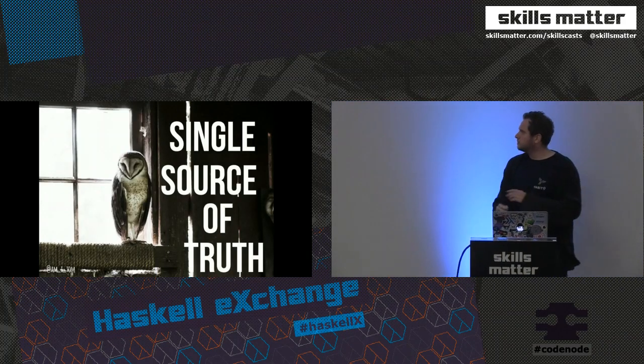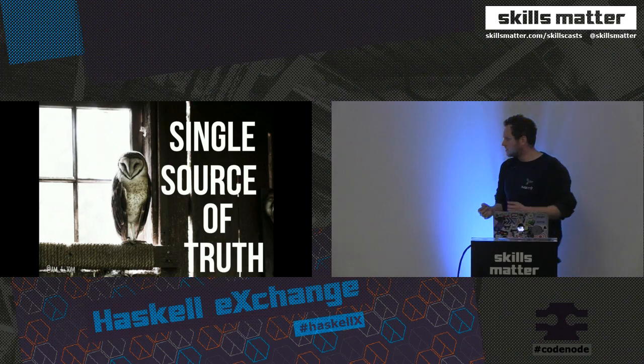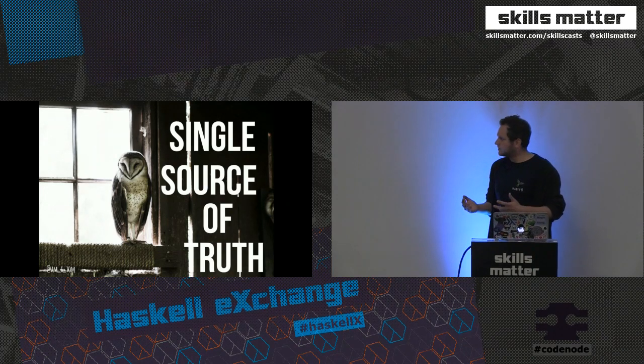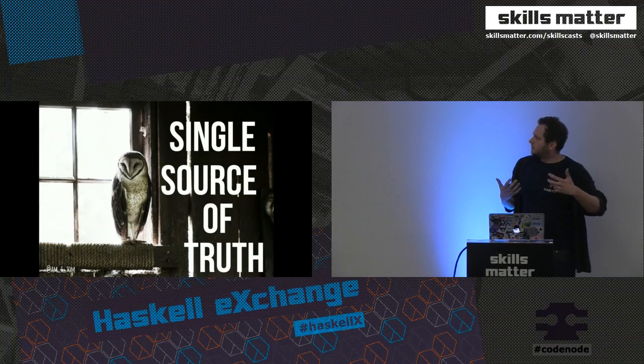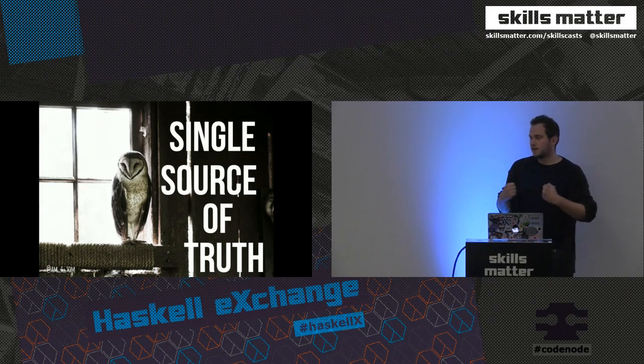So the next uncomfortable thing that I want to raise with you is this notion of a single source of truth. Again, to return to microservices. One of the things we think is a good idea when we start developing an application is this notion of, if I have an intrinsic fact, I want it to be in one place. And then if that's the canonical source of this information, nothing can go wrong.